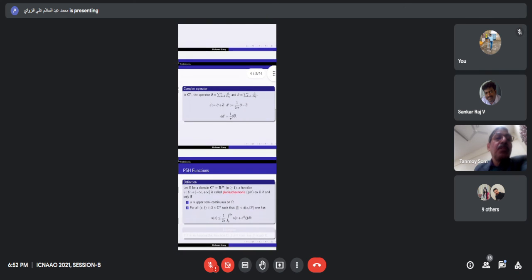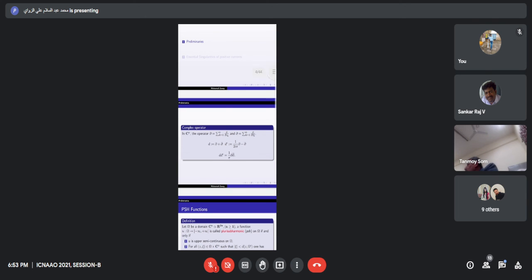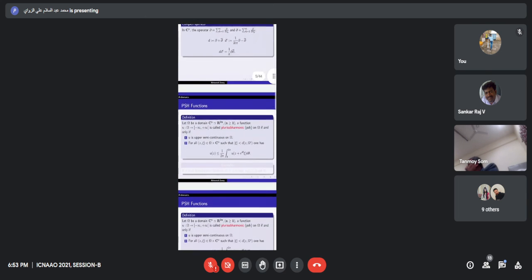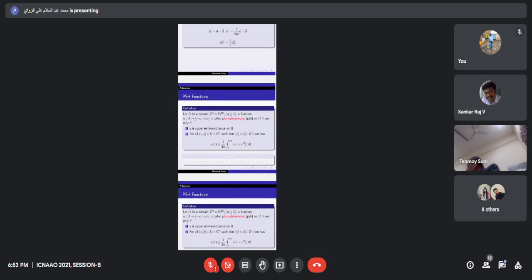Let's recall first the operators d and d^c on an open subset of C^n, so that the operator dd^c will be (1/π) ∂∂̄. If we take Ω a domain in C^n, then a function is said to be plurisubharmonic if and only if it is upper semi-continuous and it satisfies the mean inequality in every complex direction.